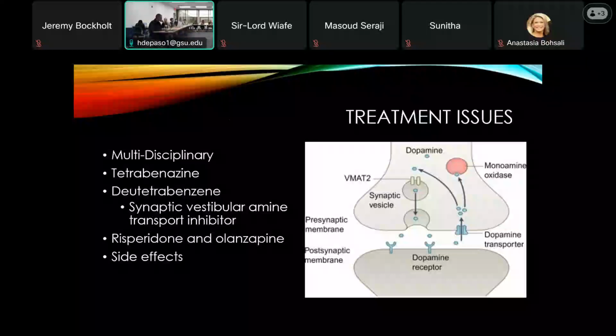There are derivatives of tetrabenazine itself, such as deutetrabenazine, which has deuterium in place of hydrogen, which alters the compound of the drug itself, but essentially it's relatively the same drug.